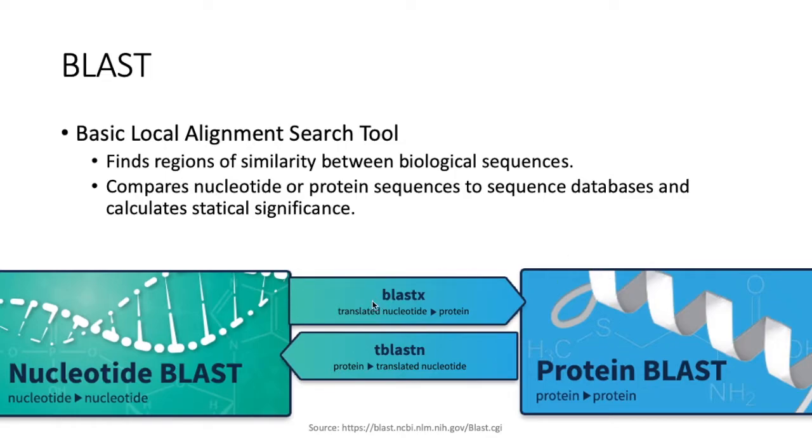There's BLASTX, which takes translated nucleotides and compares them to protein sequences in the database, and tBLASTn, which does the opposite, where it takes protein sequences and compares them against translated nucleotides in the database. There are even more BLAST programs, like SciBLAST and MegaBLAST, all sorts of BLAST programs that are optimized to do specific things. So I'd highly recommend you check that out. Look, I have the source here. Again, this is produced by NCBI.